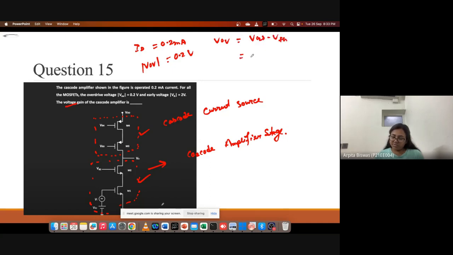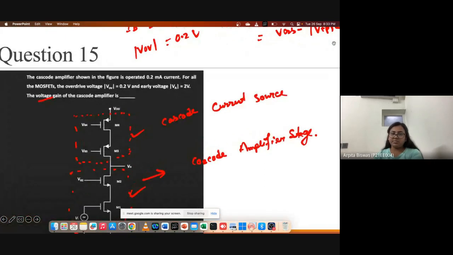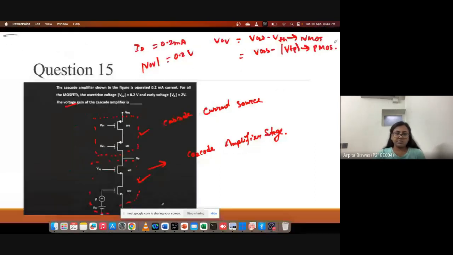This is for the NMOS, or we can write VGS minus mod of VTP for the PMOS.